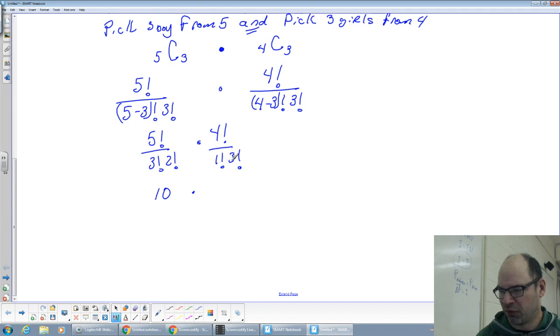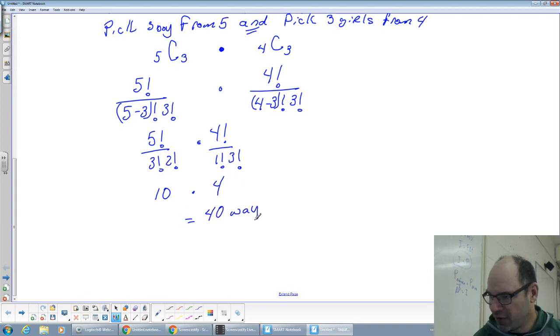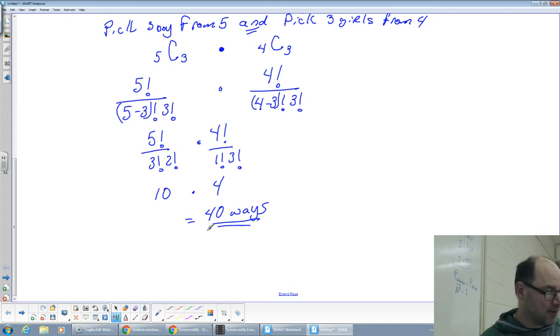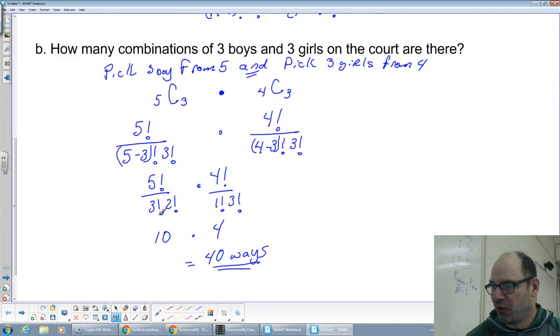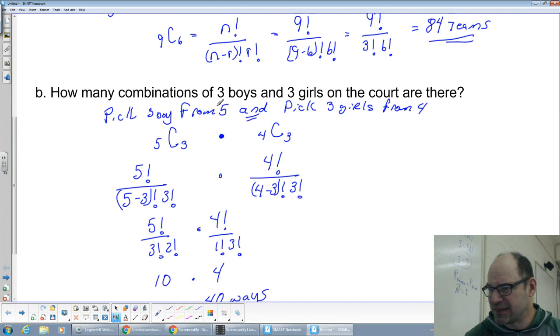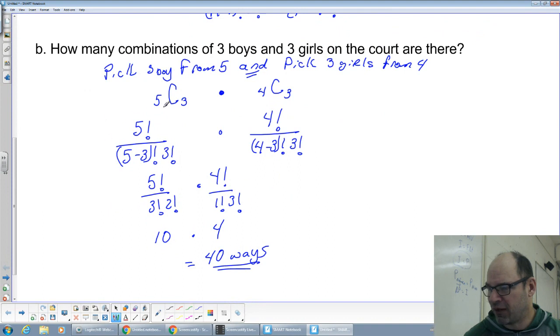Then you just multiply the two together to get 40 ways. So there are 40 ways you can put 3 boys and 3 girls on the court at the same time, where order doesn't matter, whether you pick them first or second. When it specifically says something like 3 boys and 3 girls, you have a specific case that you're looking at, one single case there.